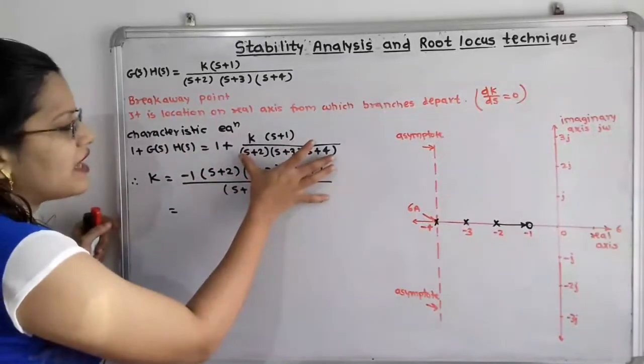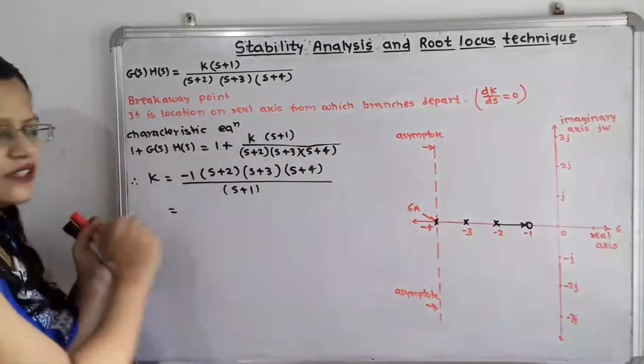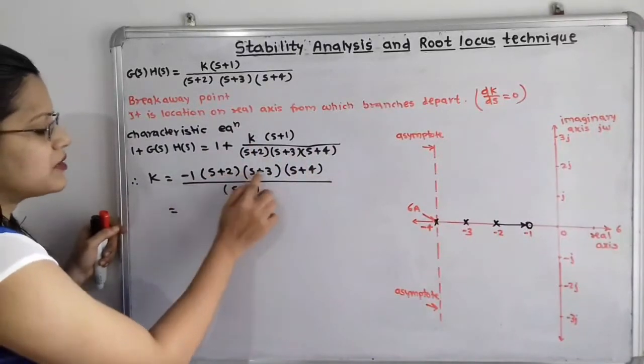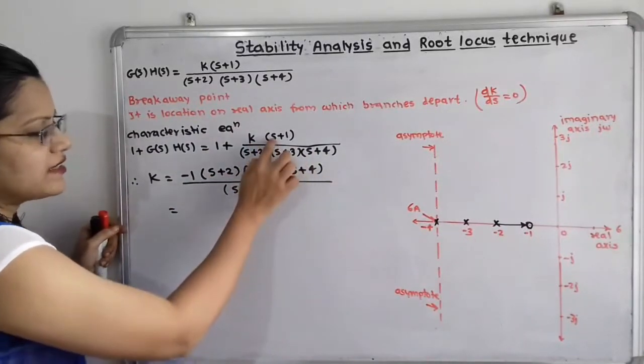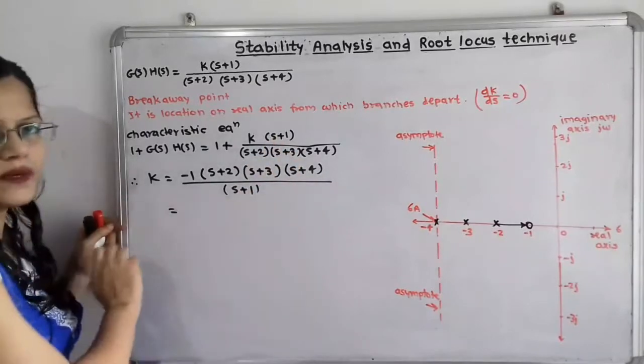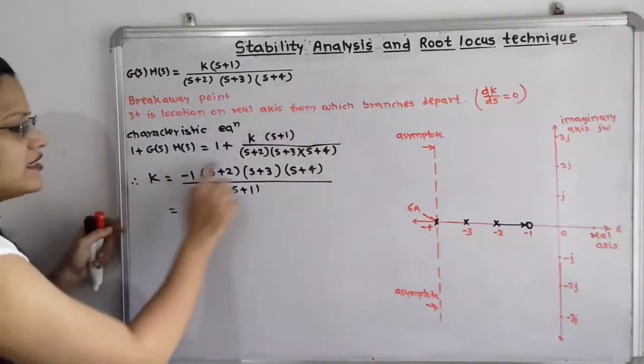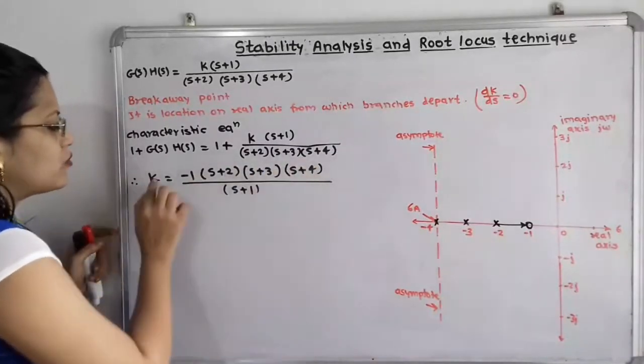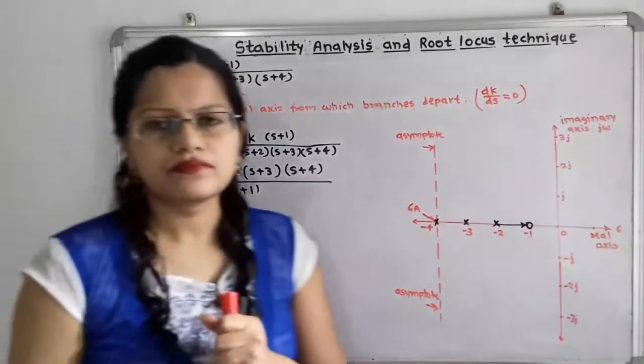Now again I will transfer this denominator to the other side, so it will move to the numerator: minus 1 multiplied by (s+2)(s+3)(s+4), and this numerator will move to the denominator. So K is equal to this value. In this way we have to take the value of K.